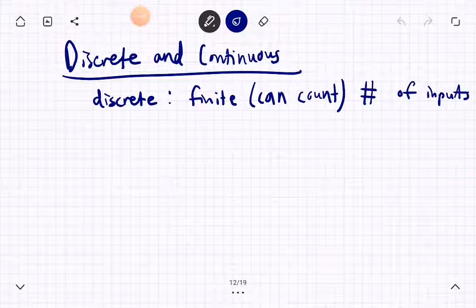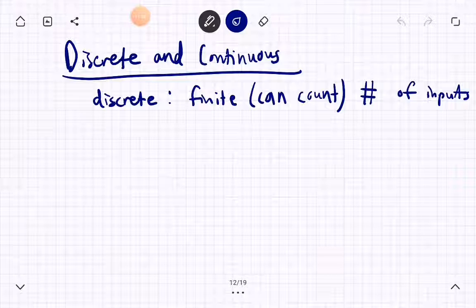Okay, and that is also finite. Although 300,000 is a big number, it is still a number. You can still count. So as long as you can count the number of inputs, then the function is discrete.